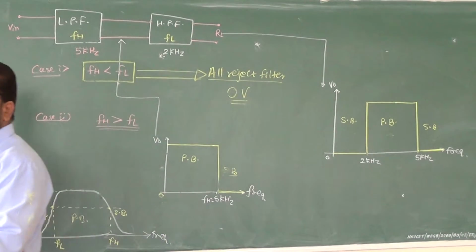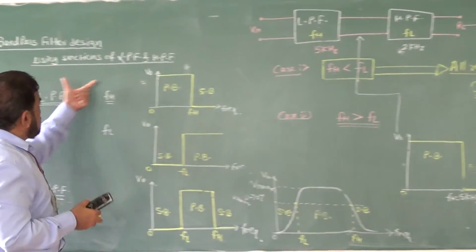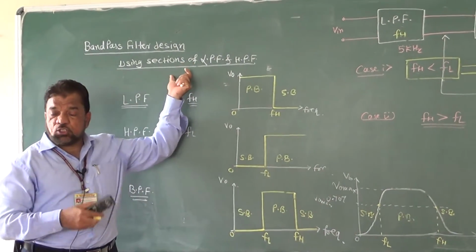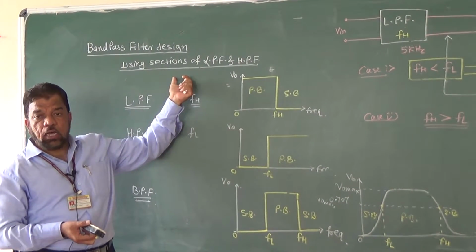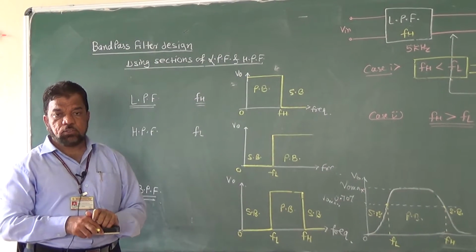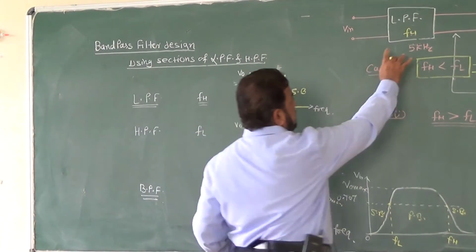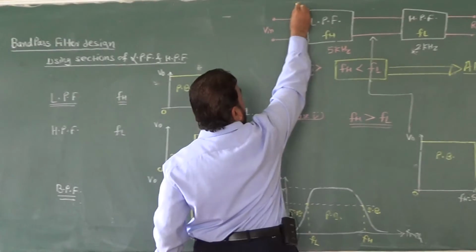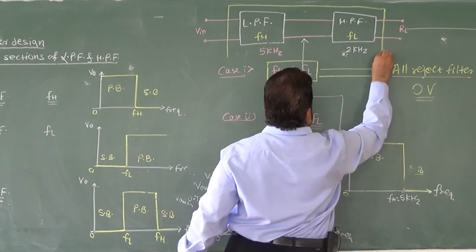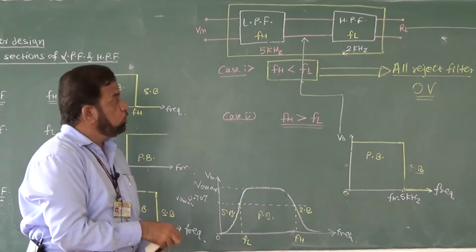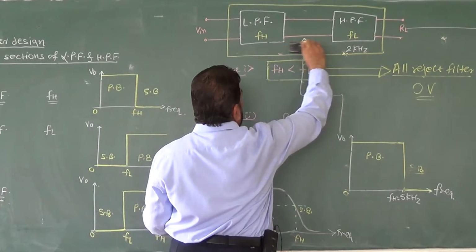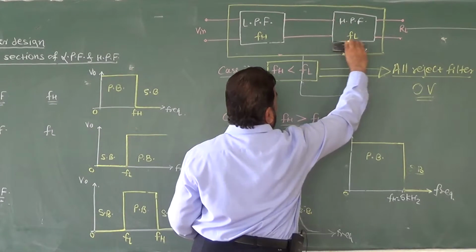So get the point. So whatever our objective was there, using the sections of low pass filter and high pass filter, I have to construct a band pass. So what I have to do is, this low pass filter I have to cascade with high pass filter. So these two values are just for example.